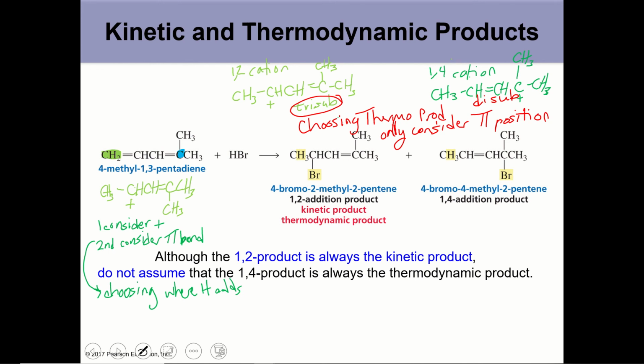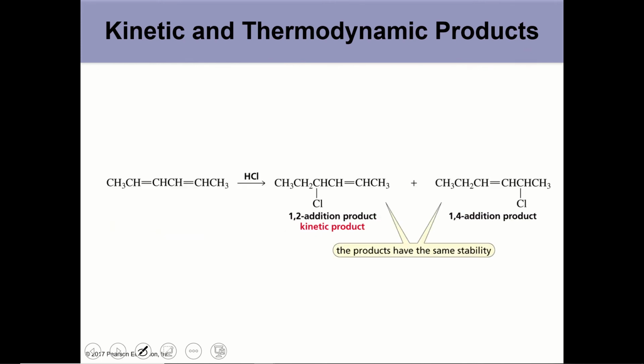Okay, kinetic and thermodynamic products. We know that the 1,2 product is always the kinetic product, and then you have to evaluate, do we actually have a thermodynamic product? We may not even have a thermodynamic product because they may be equally stable.